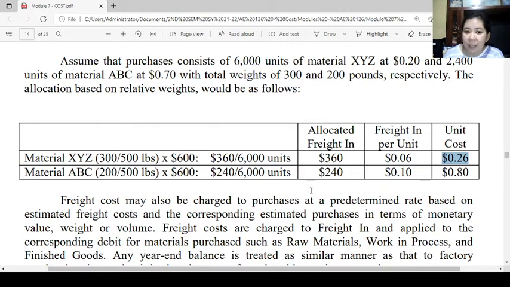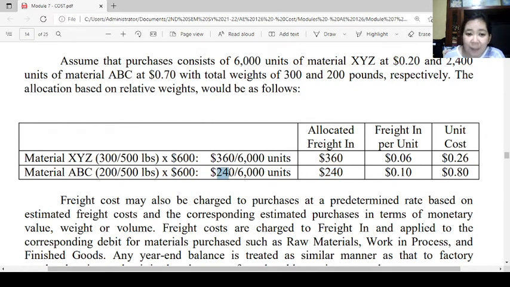Okay, for materials ABC, on the other hand, we will use the relative weight again. Using this formula, 200 divided by the total weight of 500 times the freight cost of 600. So the allocated freight in is 240. Okay, and then the freight in per unit will be computed the same way.